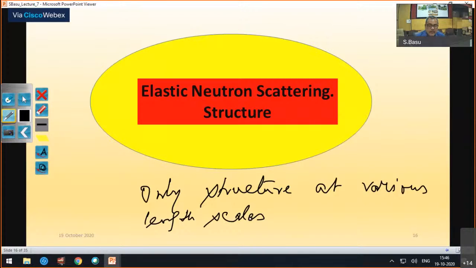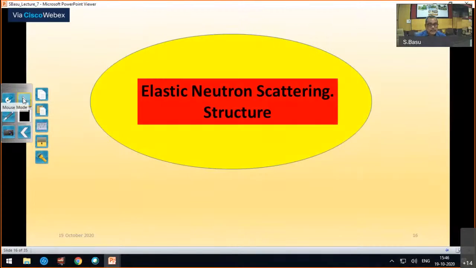Such instruments are available all over the world, and sometimes at advanced sources with higher intensity, but these are accessible to all the Indian neutron scattering community, people who want to do neutron scattering for structure work and dynamics work. So the first part of this walkthrough is elastic neutron scattering experiments, and the next part will be the instruments which can take care of the dynamical studies.